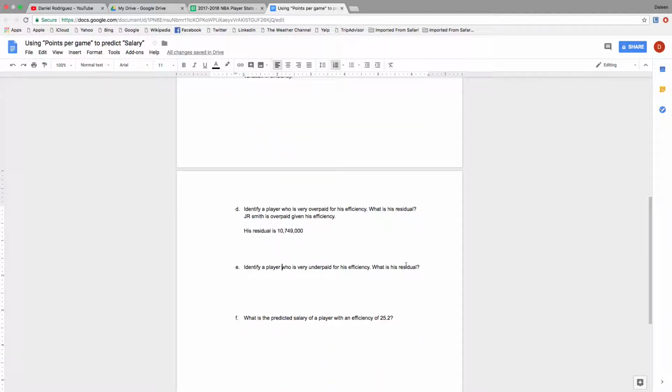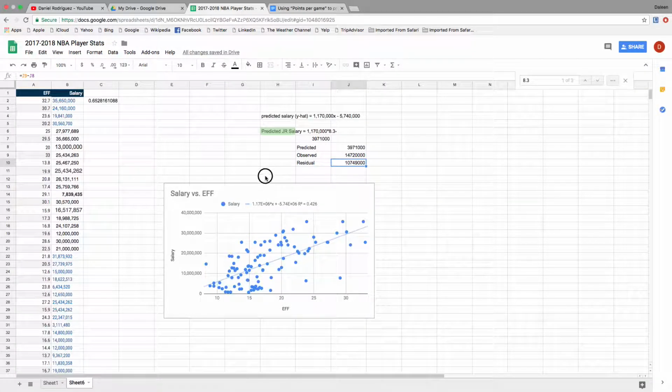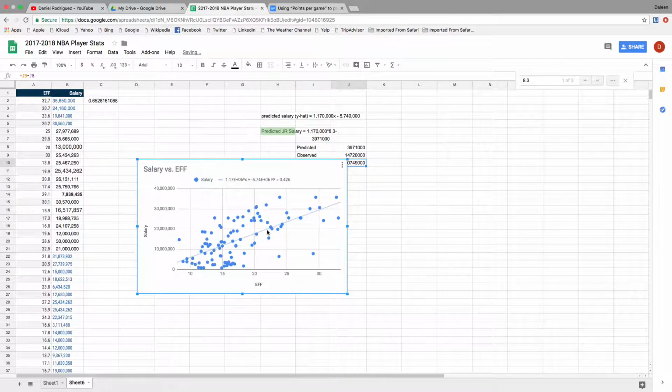So let's find a player who's very underpaid. So I'm going to go to my scatter plot. Underpaid would mean that the dot is much lower than the prediction. So this player is low, this player is low, but the biggest distance between the point and the line is probably this player here. So this player is probably the most underpaid.